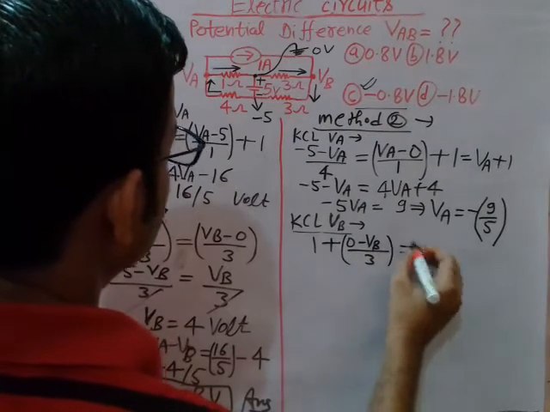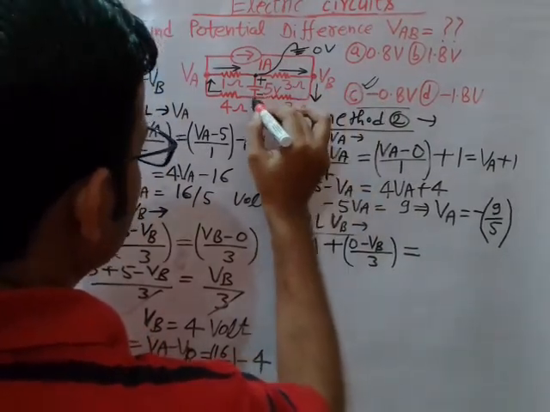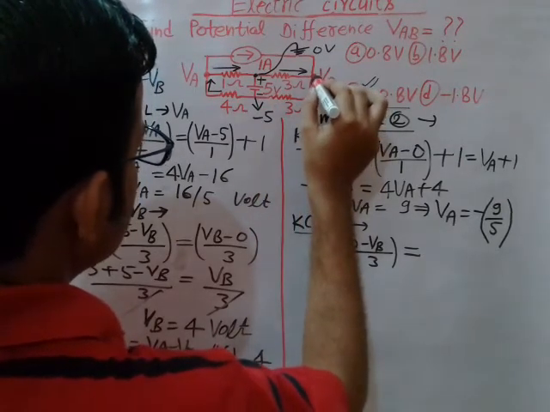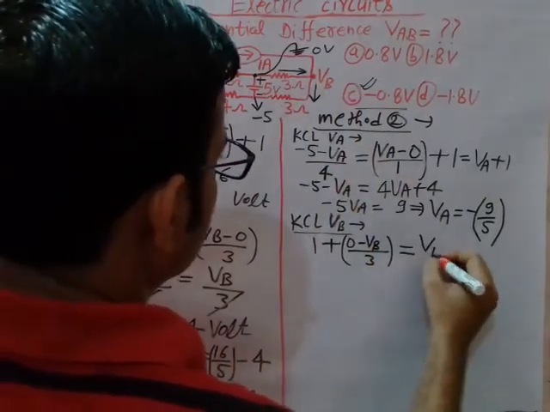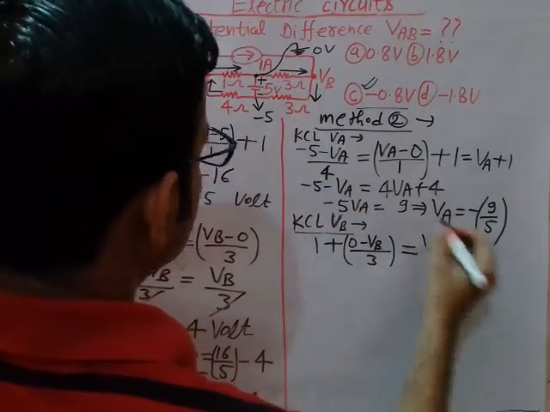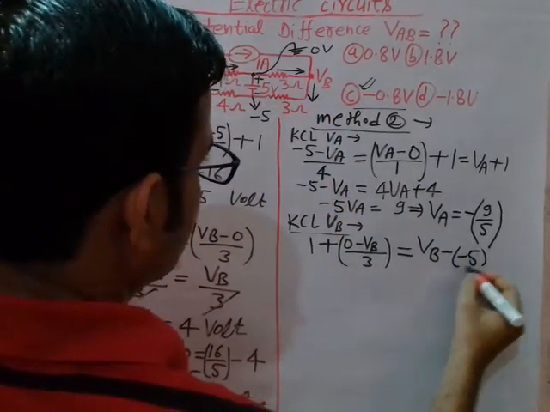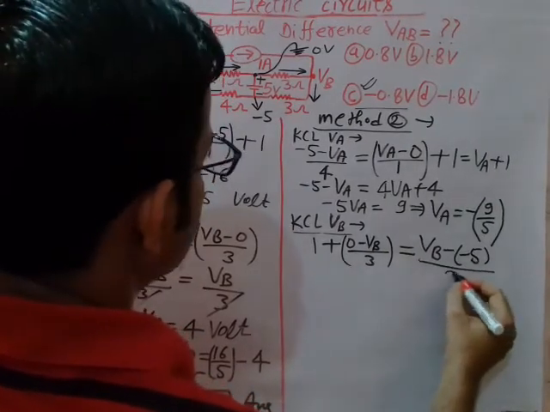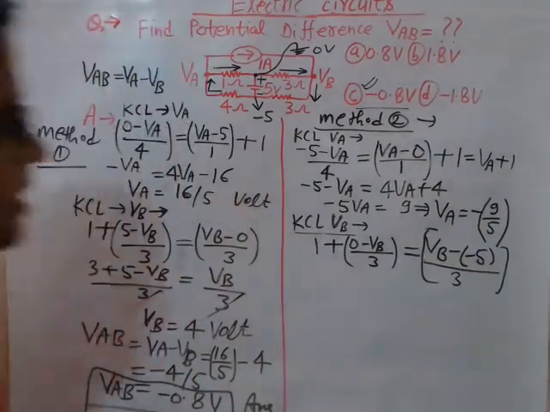These two are the incoming currents and this is the outgoing current. So VB minus 5, current is coming from here to here, that means you are assuming that this potential is higher. So you will write, have a close look at it, VB minus of minus 5, divided by 3. You understand now? That is the difference, right?